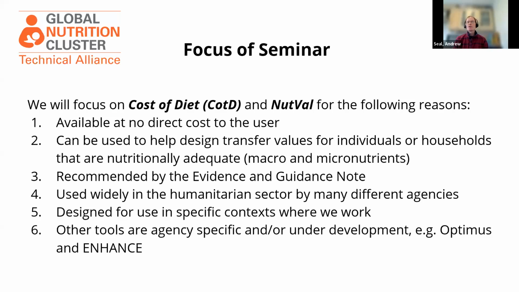Both were mentioned and recommended by the evidence and guidance note, and they've both been used widely by many different agencies and in many different contexts. The other tools mentioned in the slide above, such as Optimus and Enhance, are very much specific to certain agencies, in this case WFP, and therefore maybe not as widely available to all of us here on the call as these other tools are. Next, please.